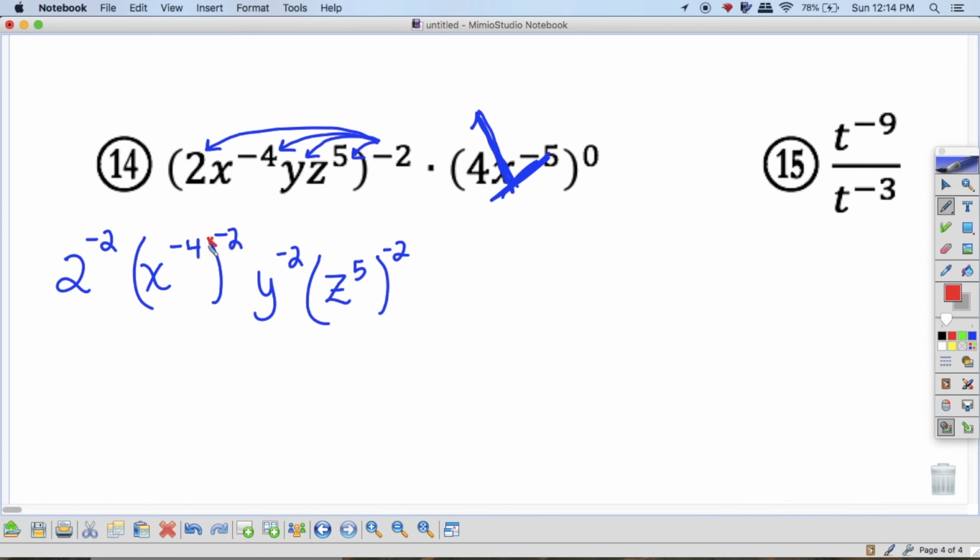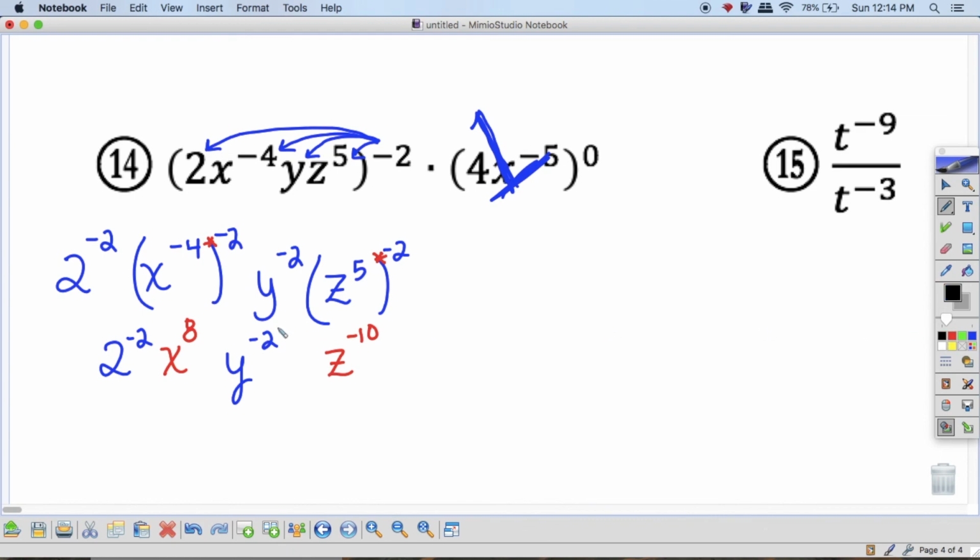Anytime there's a number inside and outside, I need to multiply. So this would be x to the 8th, and this would be z to the negative 10th. A power to a power means I need to multiply. So I've got 2 to the negative 2 power, x to the 8th, y to the negative 2 power, z to the negative 10th.